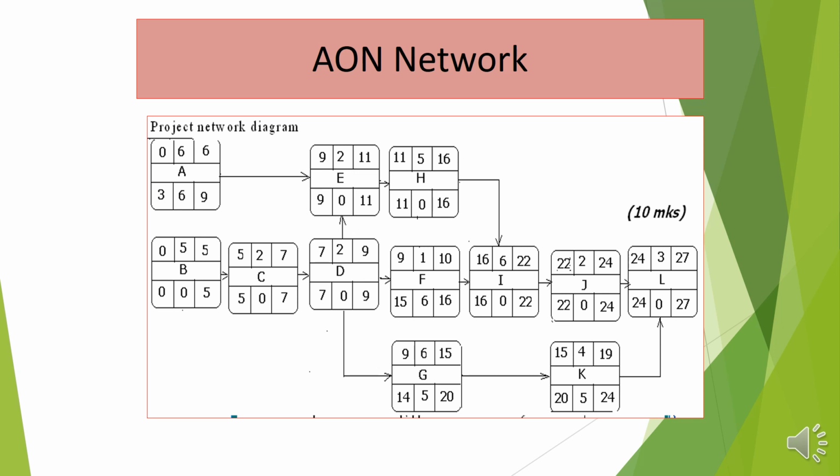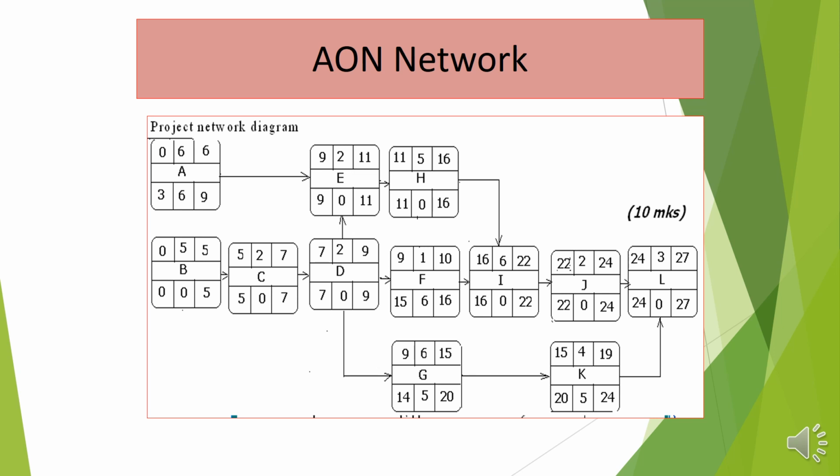Now I want you to look closely at E. E is preceded by both A and D. You are wondering why the earliest start is 9 for E and not 6 when A ends.